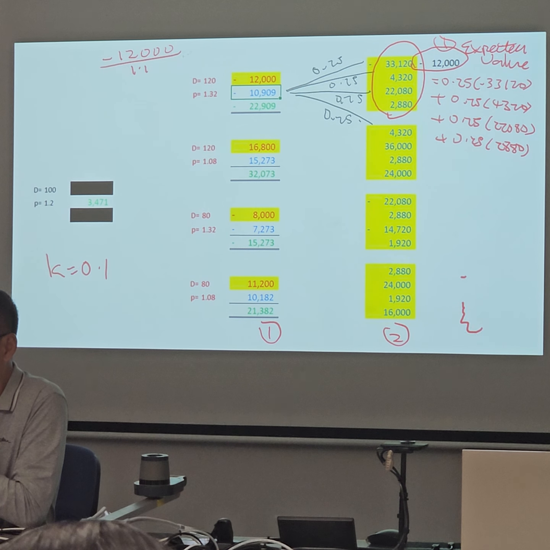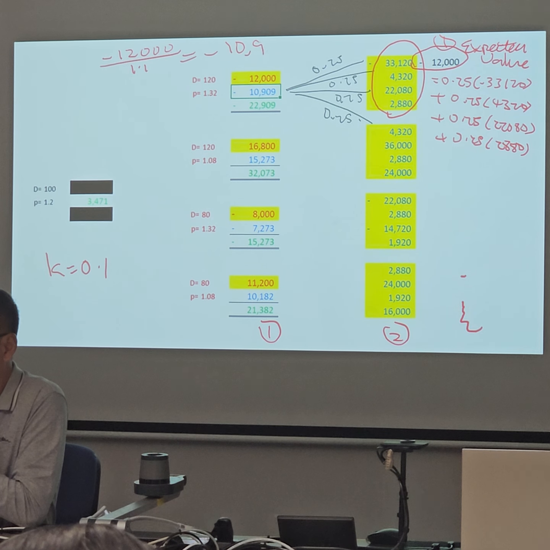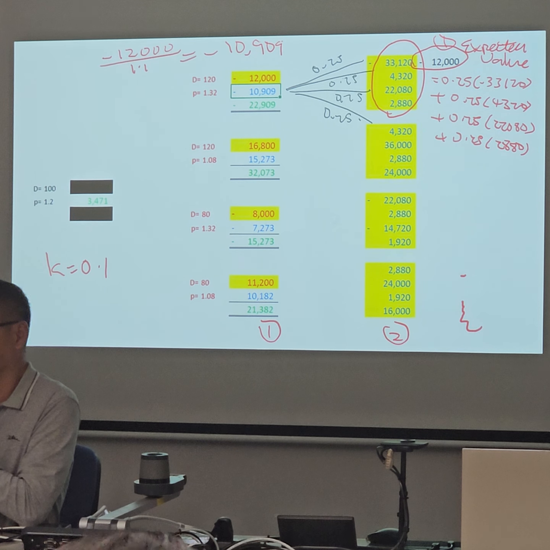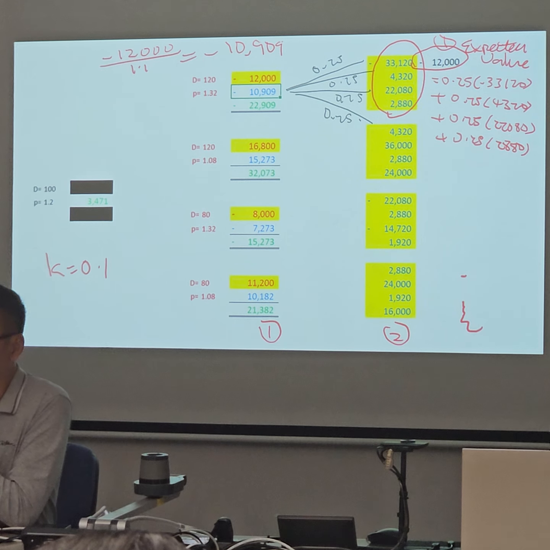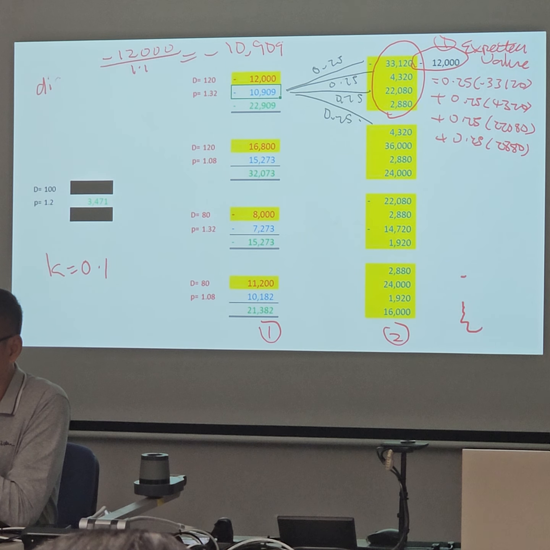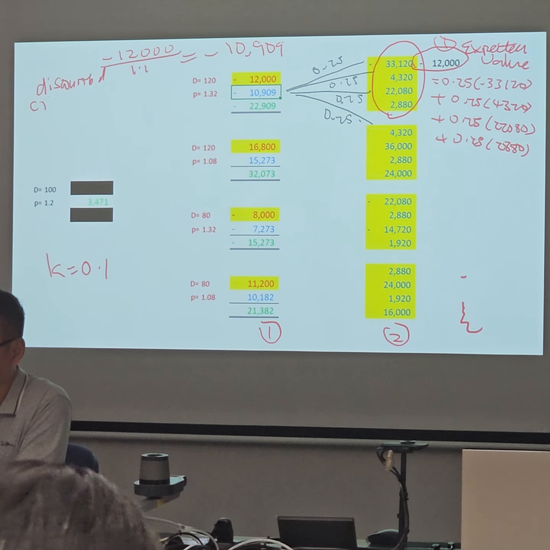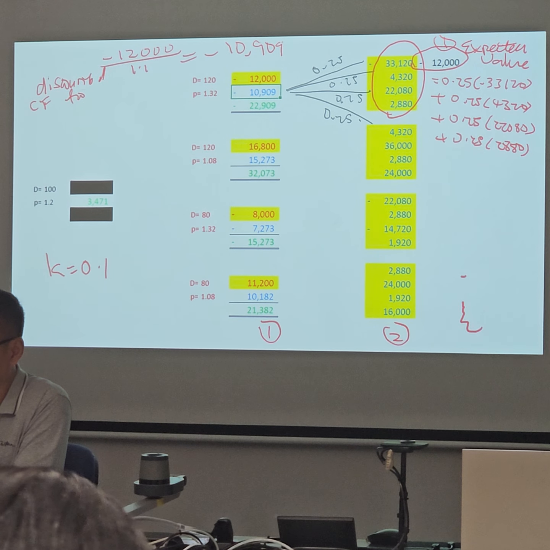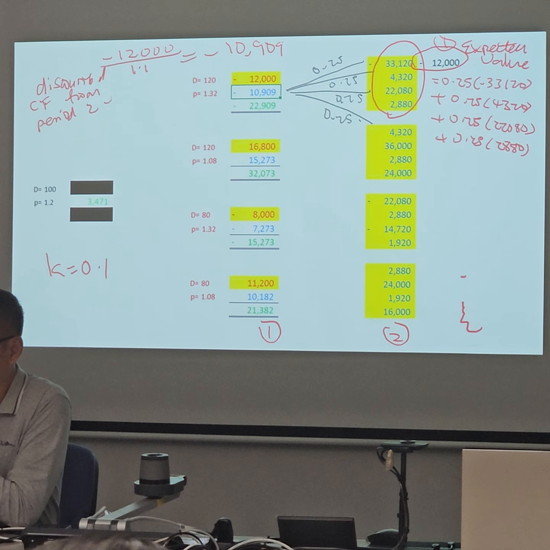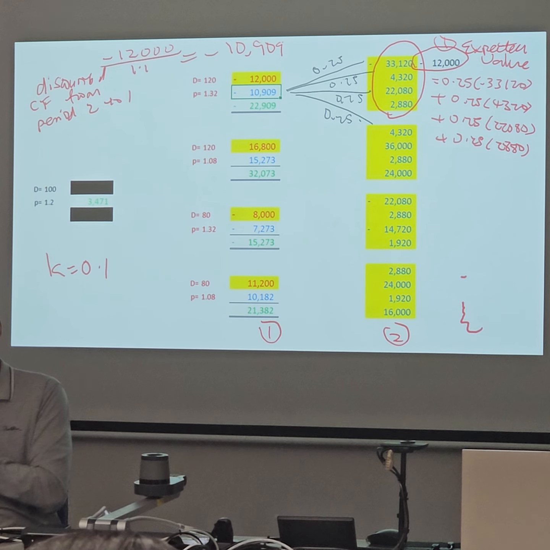This one will give us the number. Understand? So this is the discount of the cash flow from period 2 to period 1. Understand?